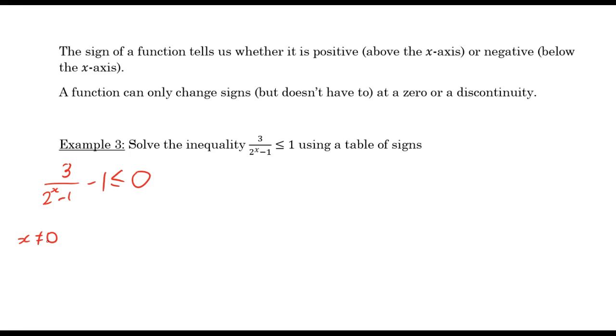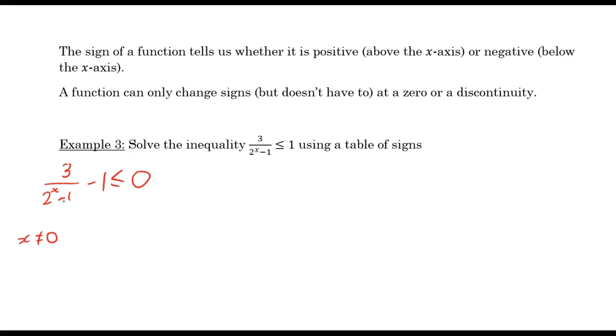And that would mean that the first term there, the 3 over 2 to the x minus 1, would have to be equal to 1. That would mean my denominator would have to be equal to 1. That would mean that 2 to the power of x minus 1 would have to equal 3. Meaning 2 to the power of x would have to equal 4, which means x equals 2.